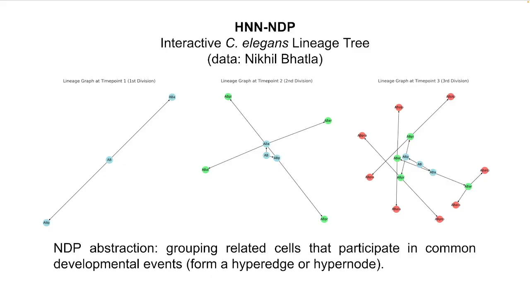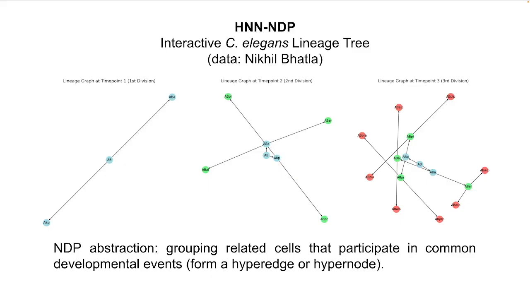Then the neural developmental program, or NDP, abstraction of that, is where we group related cells that participate in common developmental events. So these categories like A, ABA, ABP, those are all part of the same hypernode. And they're part of the same hypernode not because we felt like doing that, but because they participate in some common set of developmental events.